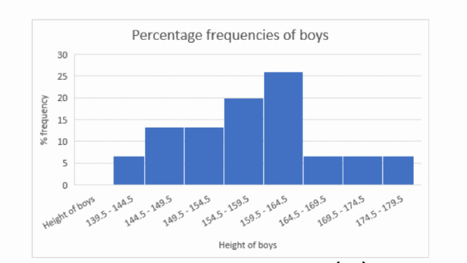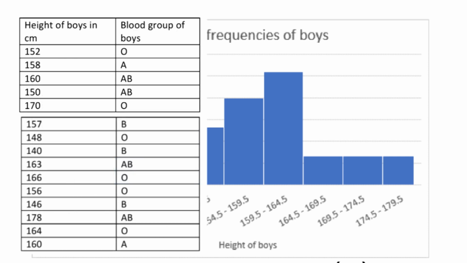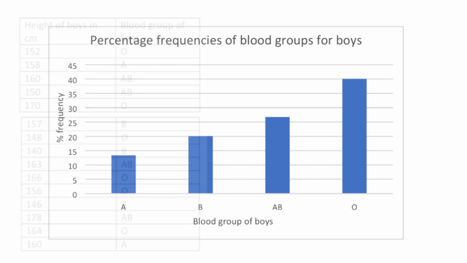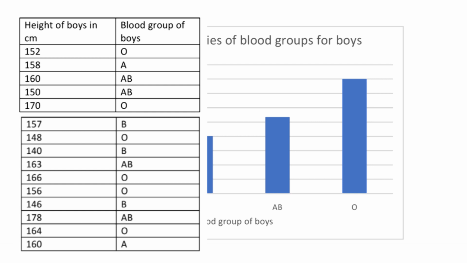All right? So that the analyzed data shows it clearly. The raw data doesn't show it. The analyzed data of the blood groups show that 40% of the boys are in the blood group O. So analyzed data makes it easy to interpret the results. So that is analyzed data.